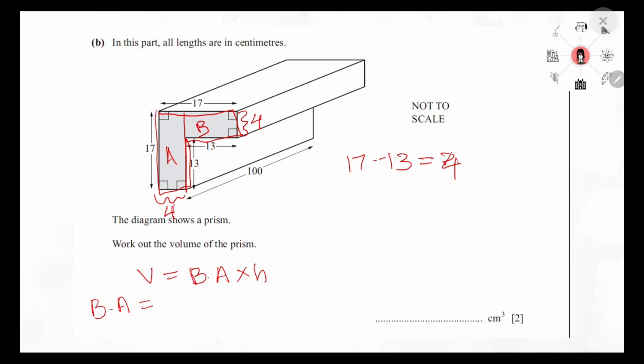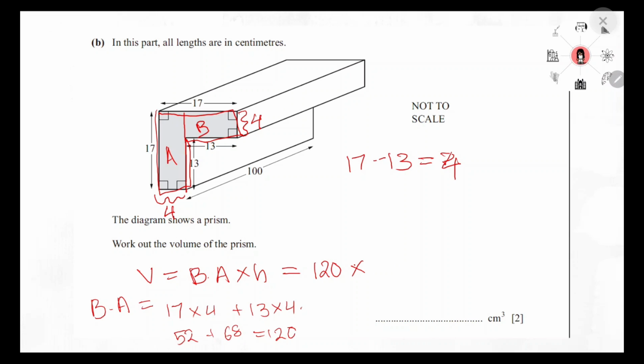So the area of A is 17 into 4, and the area of B is 13 into 4, which gives us 52 plus 68, giving us 120. So base area is 120.